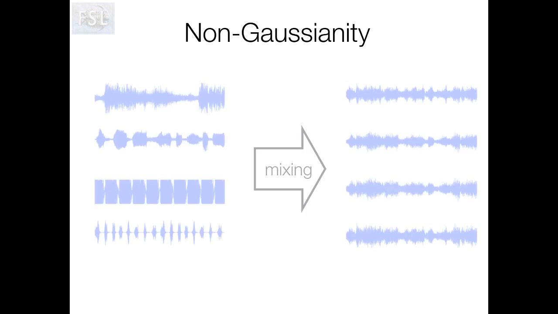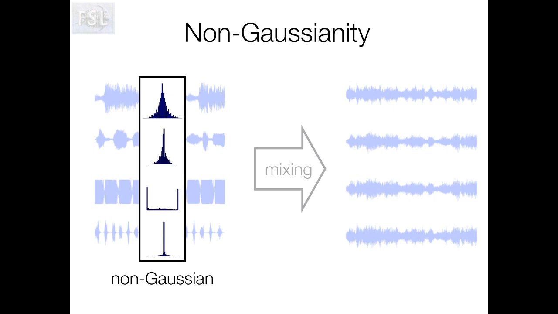The way that ICA does this is by looking at the distributions of the signals and the distributions of the mixtures. If we look at the distributions of the underlying signals on the left, we can see that they're all very different, but they have one critical thing in common, which is that they are all non-Gaussian. None of them looks like a nice, smooth, normal distribution or bell curve.